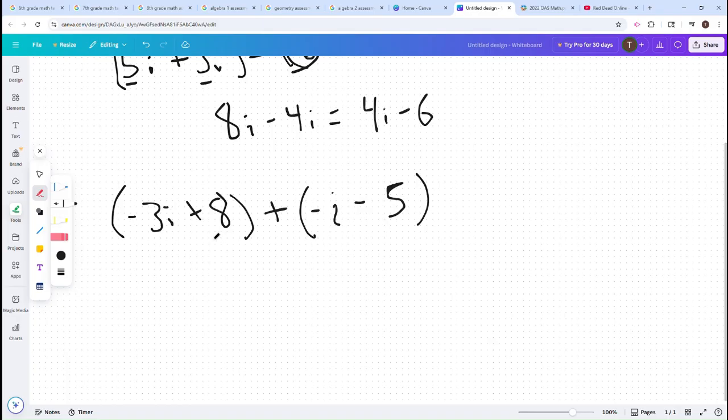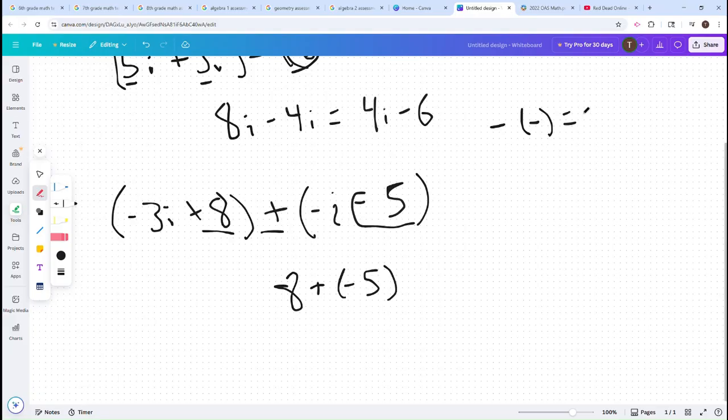Okay, let's do the numbers first. 8 plus negative 5. We'll see minus, minus, which is plus, or plus minus, which is subtraction. So this equals 3.